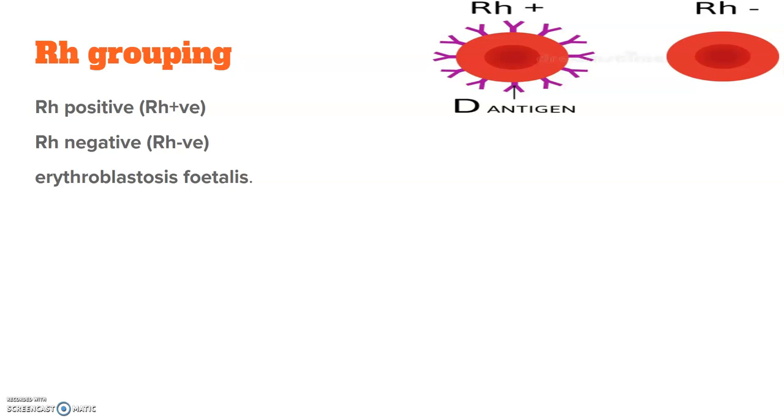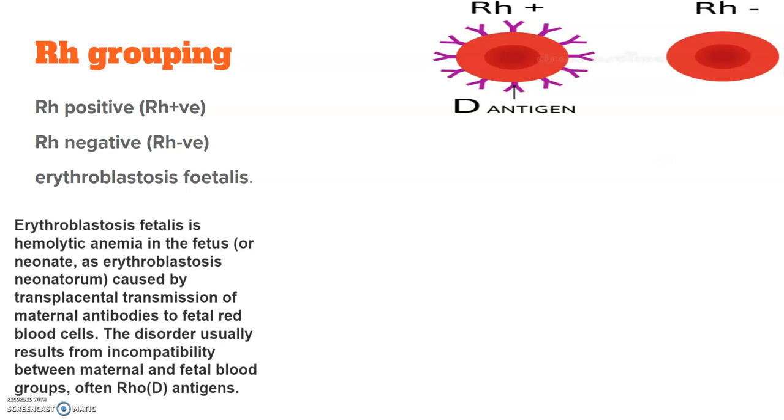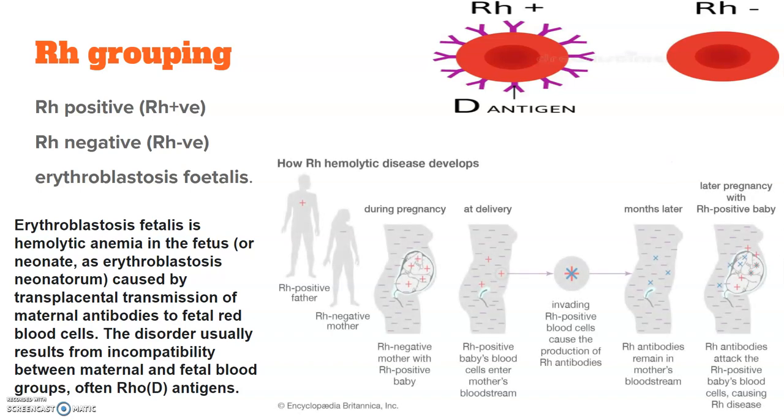A special case of Rh incompatibility, that is mismatching, has been observed between the Rh negative blood of a pregnant mother and the Rh positive blood of the fetus. The Rh antigen of the fetus does not get exposed to the Rh negative blood of the mother in the first pregnancy.